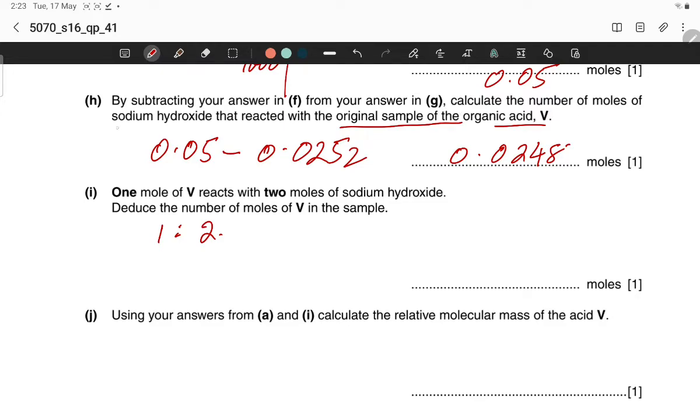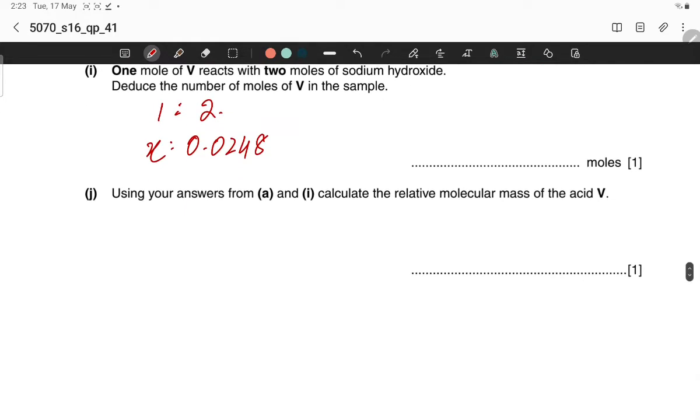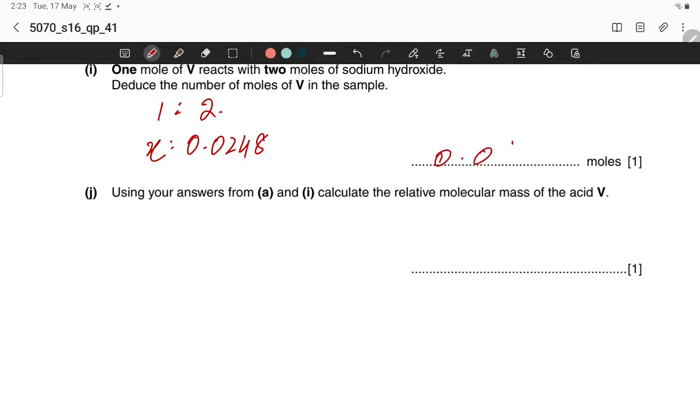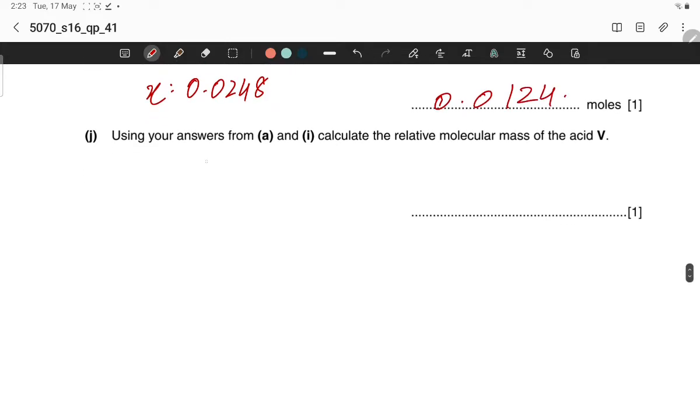So 1 mole reacts with 2 moles of sodium hydroxide, 0.0248 ratio X. The answer is 0.0124 moles.